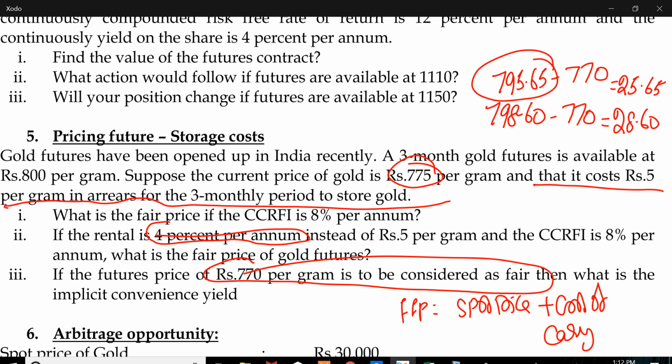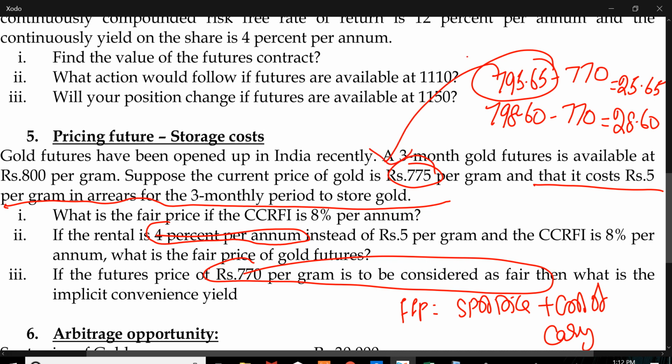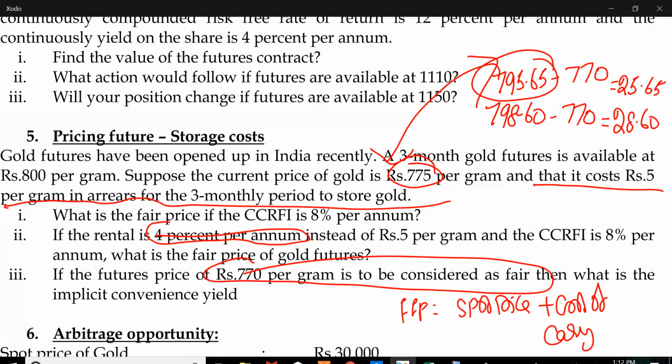The 20.65 is whatever you computed minus the spot price, 795 minus 775, the cost of carrying the gold. But the market is not ready to agree to this. Market is giving a lower price because of convenience yield. If there is no convenience yield, it would have been plus 0 or minus 0. We would have got 795 itself.